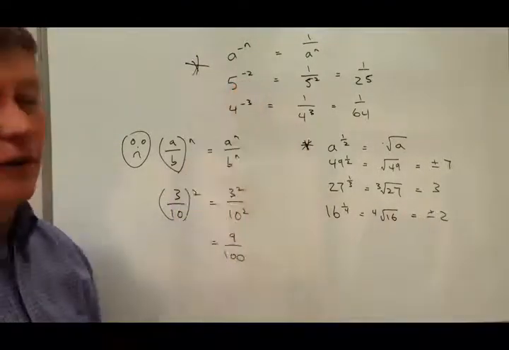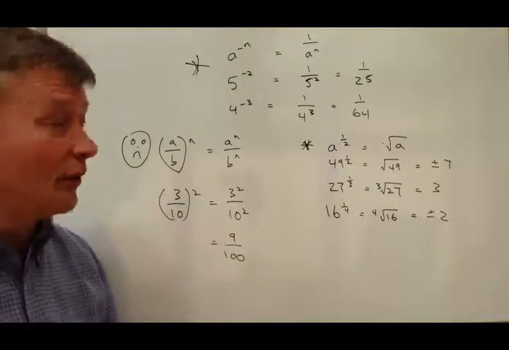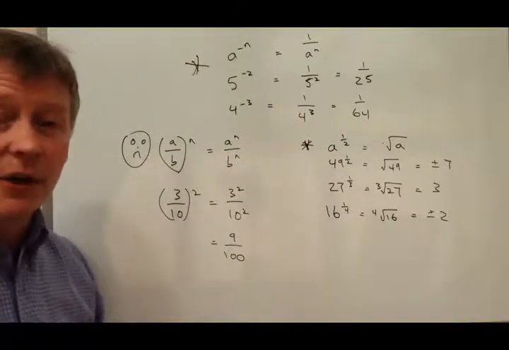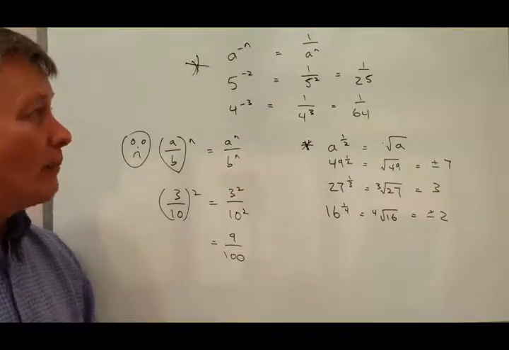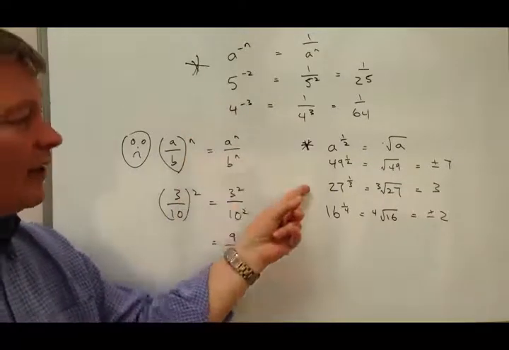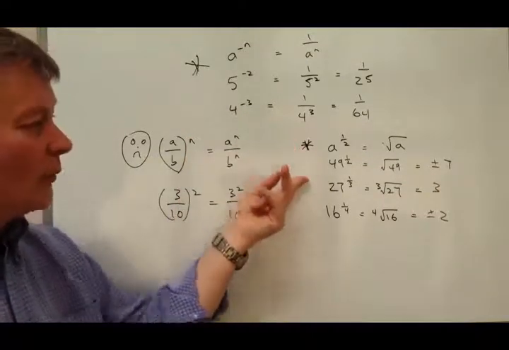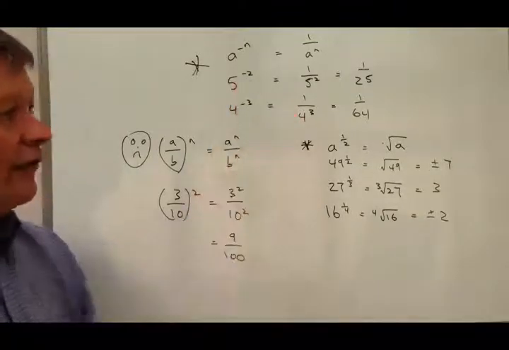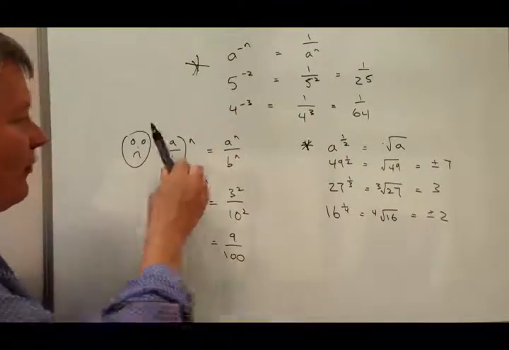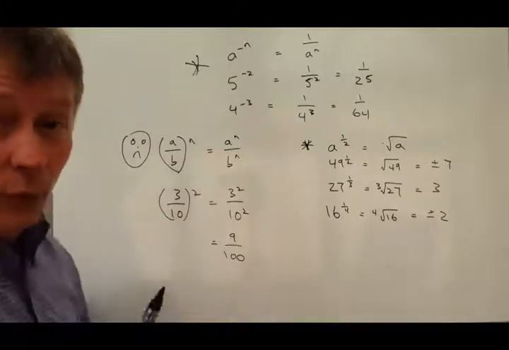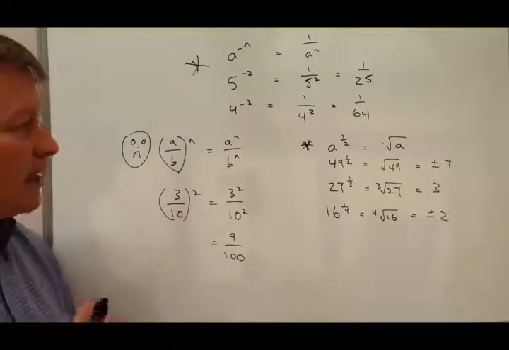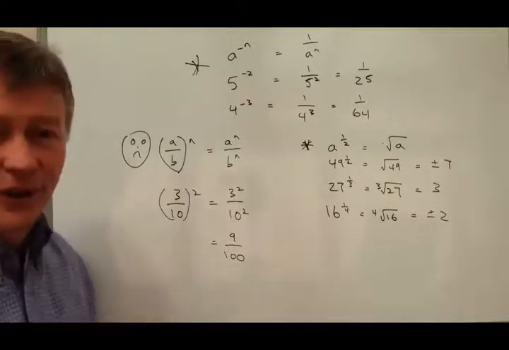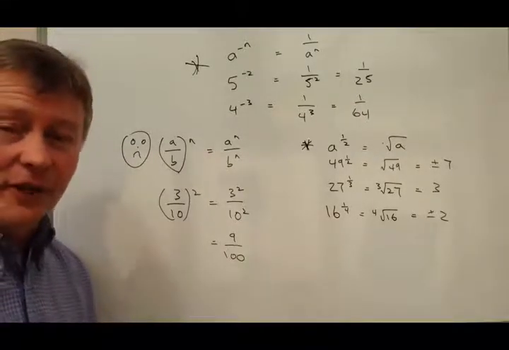So 5 to the power of minus 2 as an example is the same as saying 1 over 5 squared, which is the same as saying 1 over 25. So that's really important. The fractional powers one is quite important as well, and it's well worthwhile remembering those. You will come across those two on a fairly frequent basis. This particular one, yes you will, it will happen, but it's perhaps not as often as with the other ones.